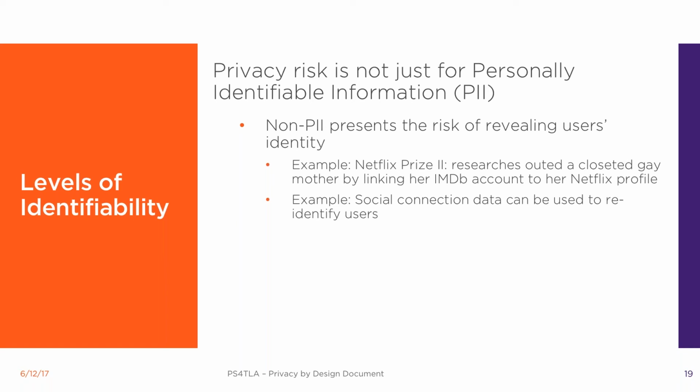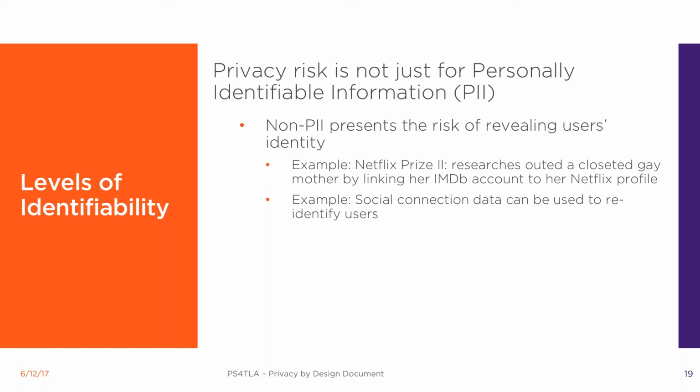And so by doing this cross-linking, they were able to detect those real people's private viewing experiences that were not listed in their IMDb profile, but that were listed in their Netflix profile. And so by doing this, they inadvertently outed a closeted gay mom who then sued Netflix, and that created all kinds of problems for the company.